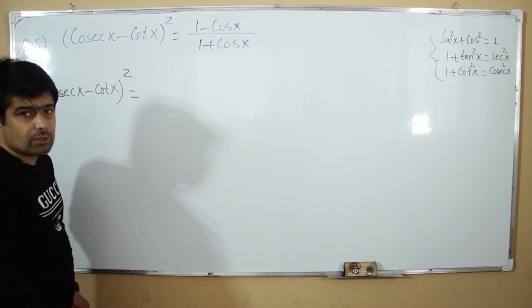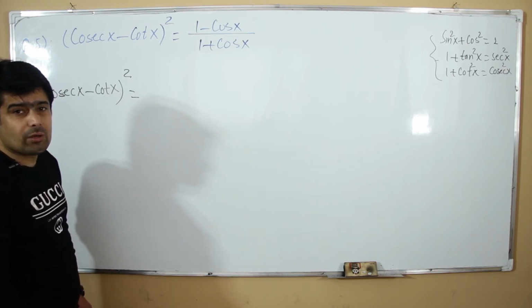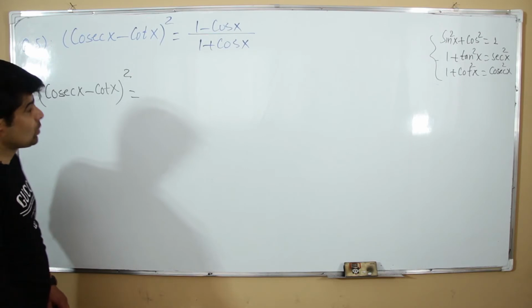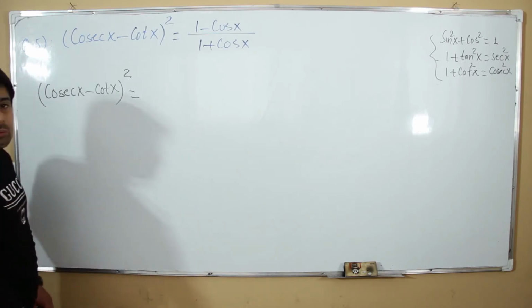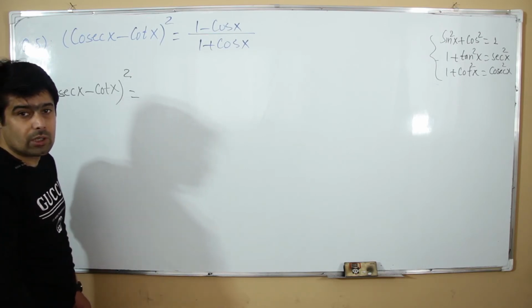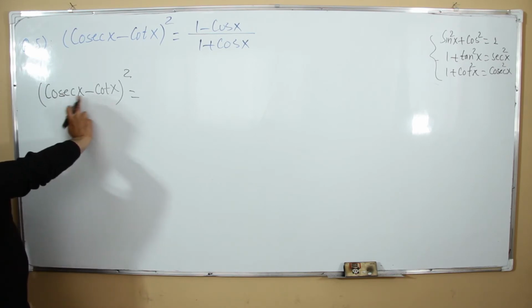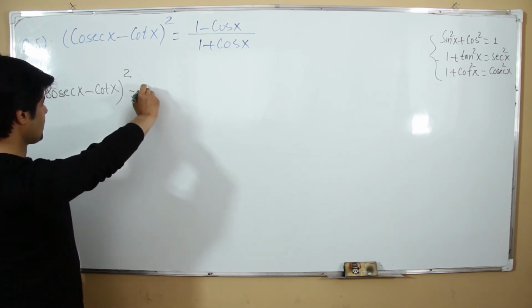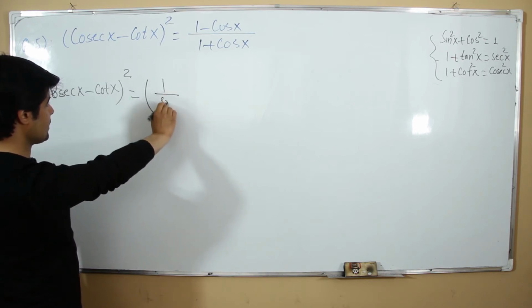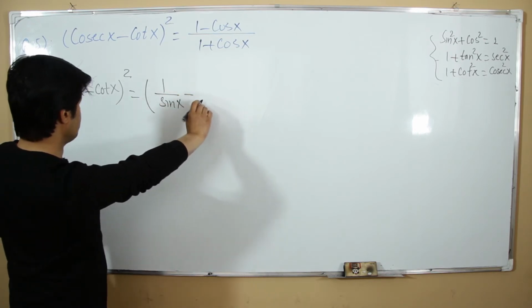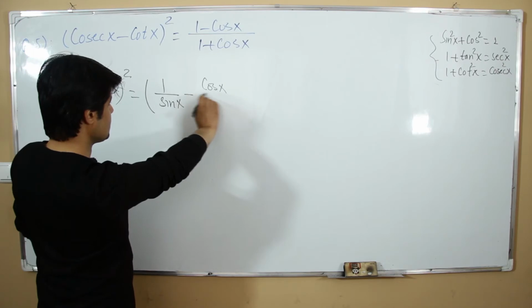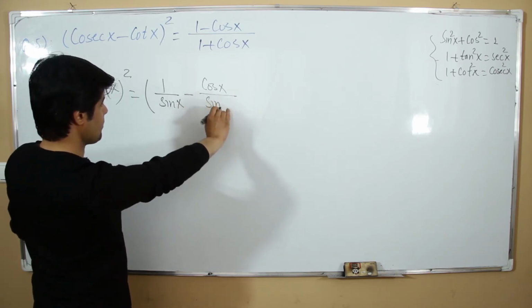I have mentioned if you have a mix of trigonometric ratios, change all of them to sine and cosine. Do not expand this one. First you have to change it. So how can I change? This one is 1 divided by sine x minus cosine x divided by sine x. Am I right or not?